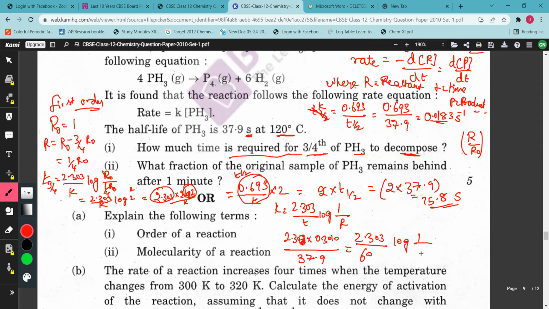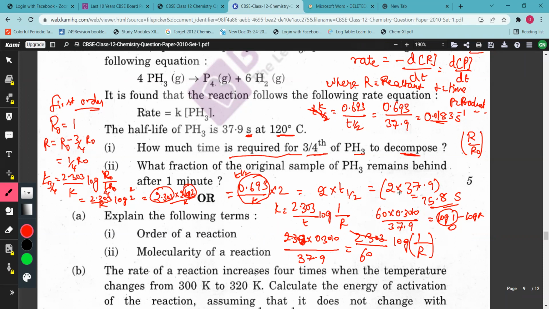Log 1 by R I need to find. This also I can simplify by cutting 2.303. Take 60 this side. 60 into 0.3010 by 37.9 is equal to log 1 minus log R. Log 1 is 0, is it not? So minus log R.